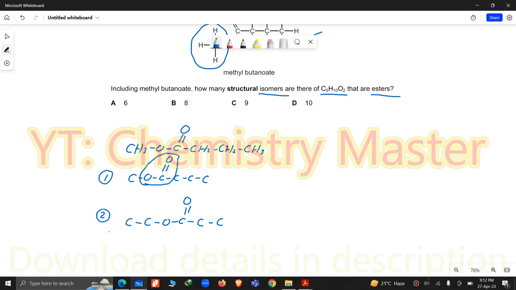Now we have drawn the structures according to the positions of the carbonyl. If I try to make another isomer of this type, carbon, carbon, carbon, oxygen, carbonyl, and this carbon, you can see that these two are not the same because this methyl is bonded with the carbon, whereas this carbon is bonded with the carbonyl. So there is a difference. These two are not the same, so we get another isomer here.